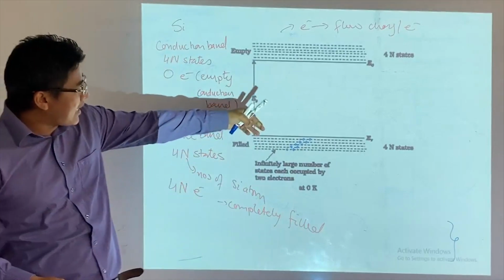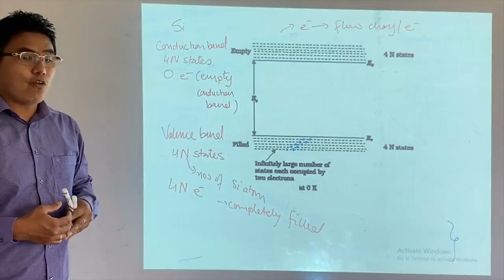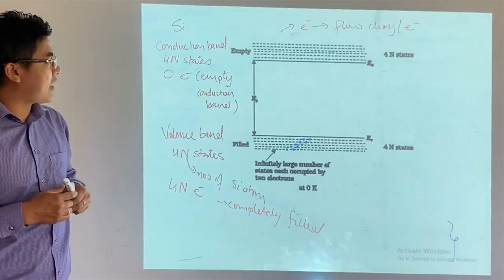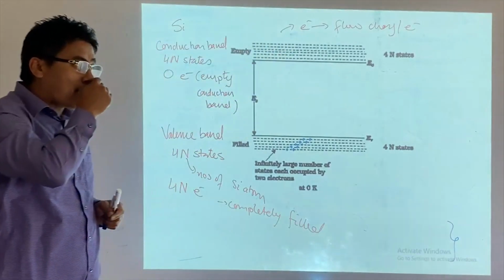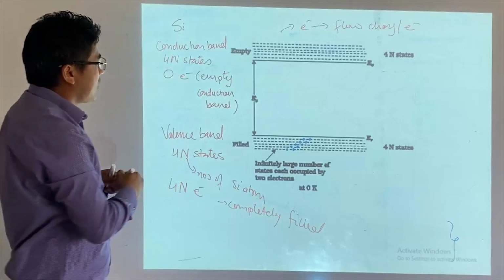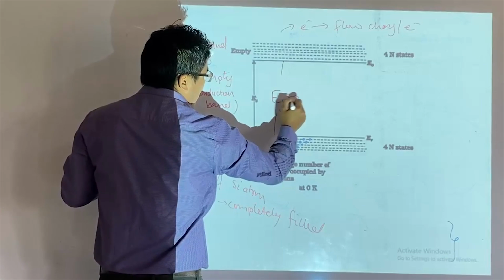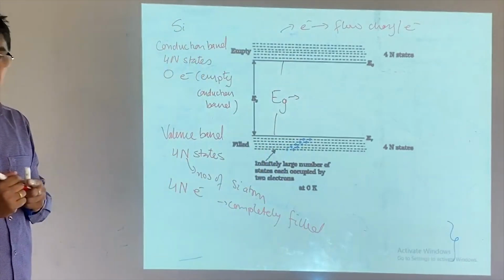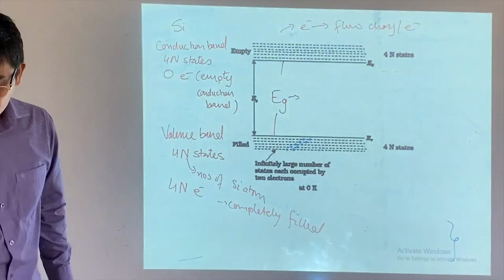The electrons which are available in the valence band do not flow, which means they are fixed. So a good conductor means many electrons should be available, and a bad conductor means no electrons are available. This energy gap is what we call the forbidden energy gap.